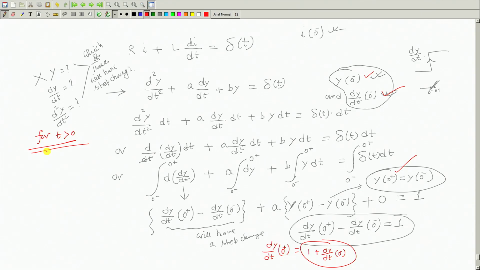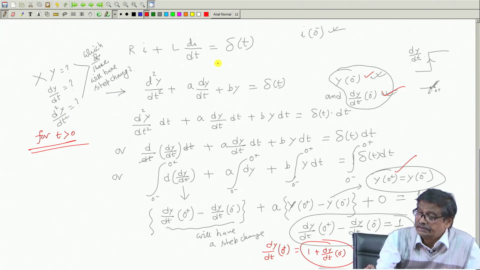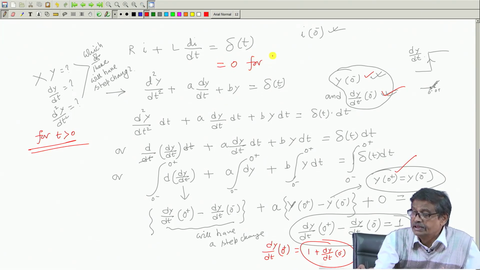impulse is not there, right hand side is 0, this is equal to 0 for t greater than 0.